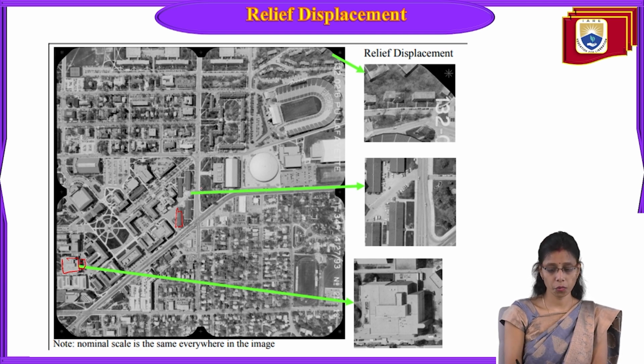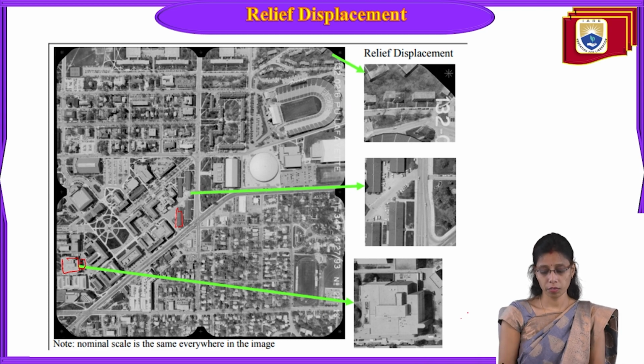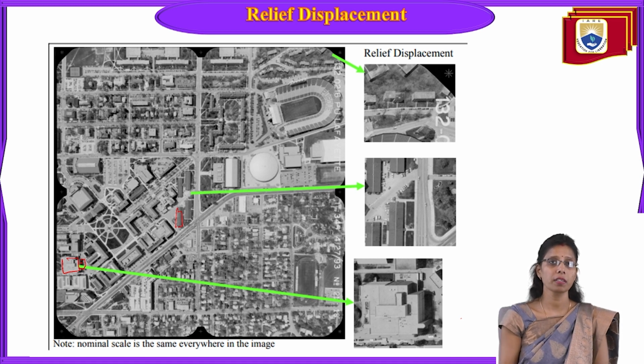I hope you understood this relief displacement. Basically, relief is about the different kinds of variations on the ground, that is, ups and downs. These variations can be natural or man-made.